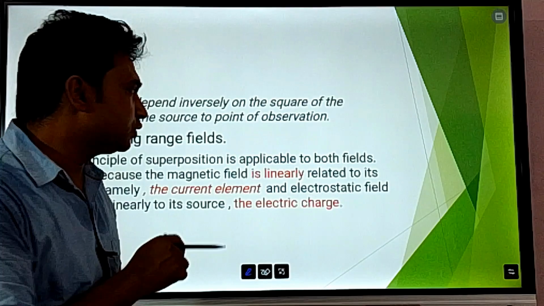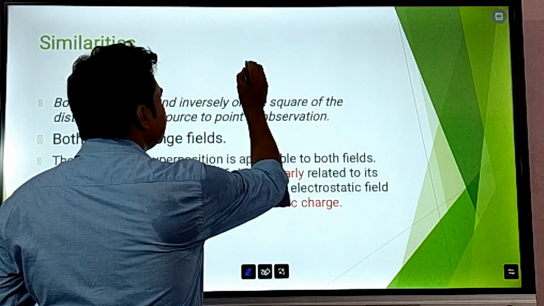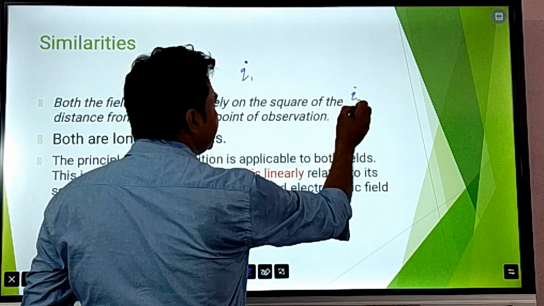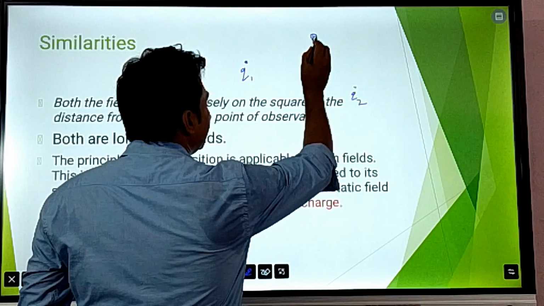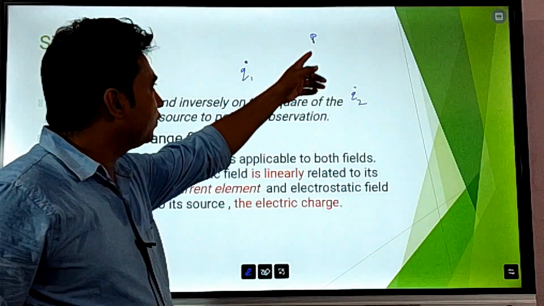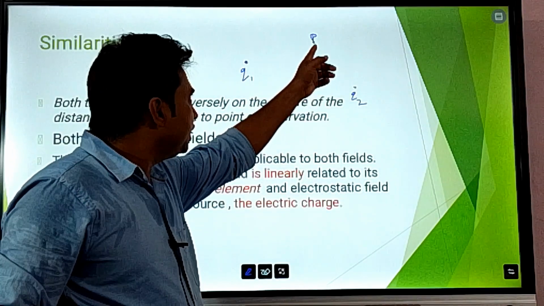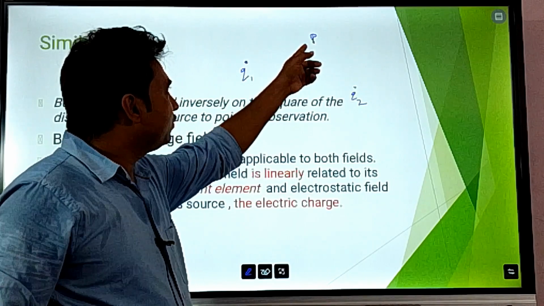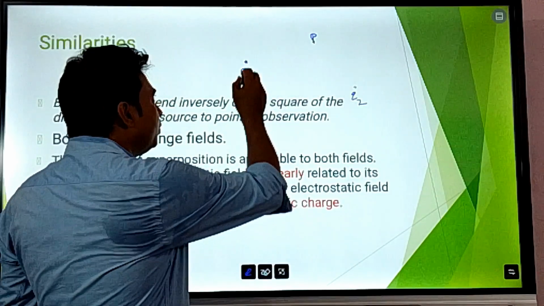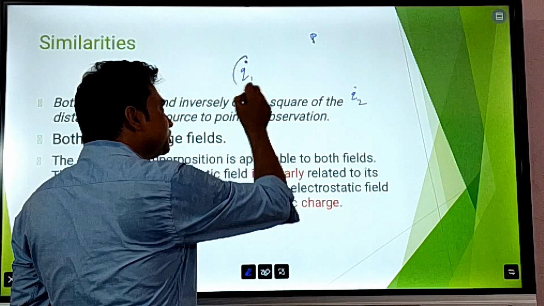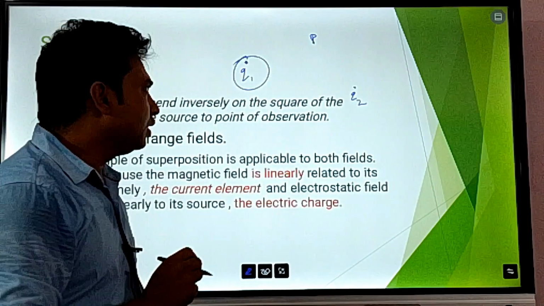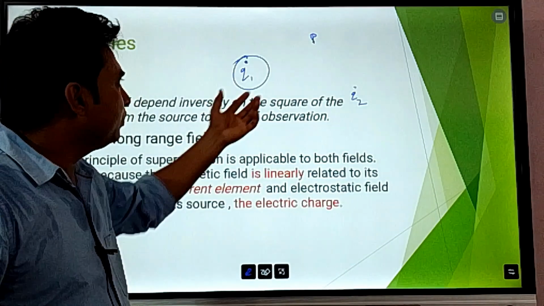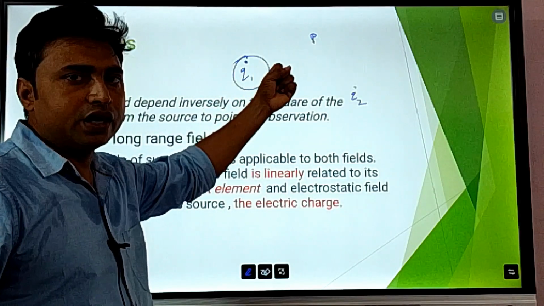Principle of superposition: suppose we have the point charge Q1 here, and the point charge Q2 here, and this is the point P, and we are interested to find the electric field at point P. There will be an electric field at P due to charge Q1, by applying the formula 1 by 4 pi epsilon naught, Q1 by the distance squared.